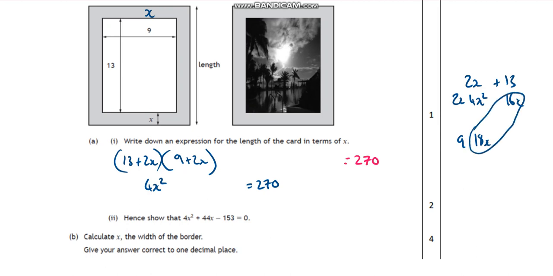What's that coming out as? 24x. So that doesn't look great. Let's have a wee think about that. And the last one, 13 times 9, just a wee chimney sum. 9 threes are 27. That'll be 97. So plus 97 is going to give me 270.